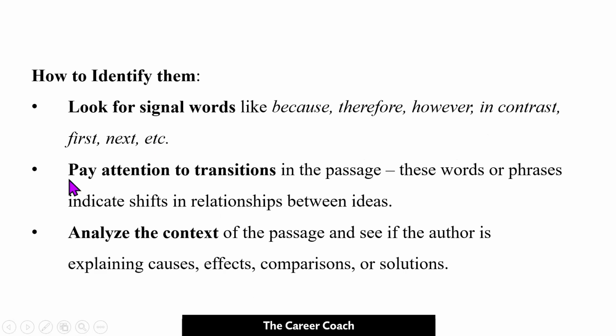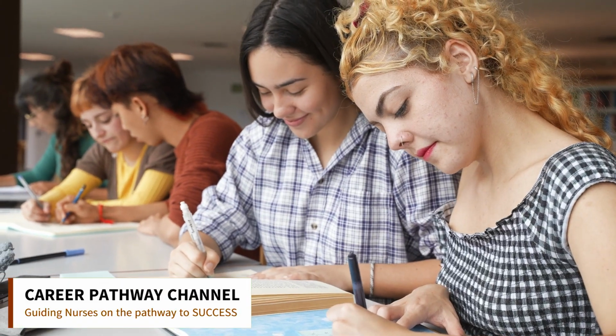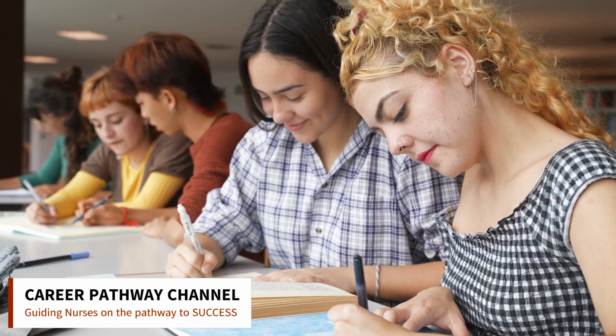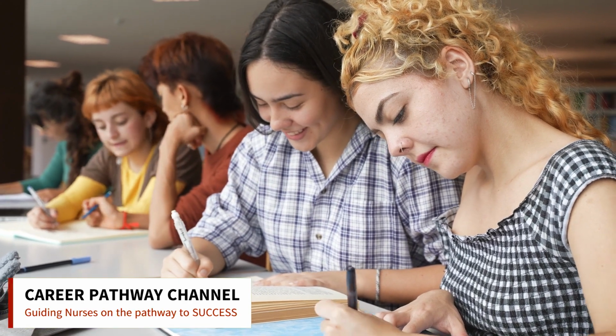Number 2, pay attention to transitions in the passage. These words or phrases indicate shifts in relationships between ideas. Number 3, analyze the context of the passage and see if the author is explaining cause, effect, comparison, or solutions. This will guide you in giving the right answer.